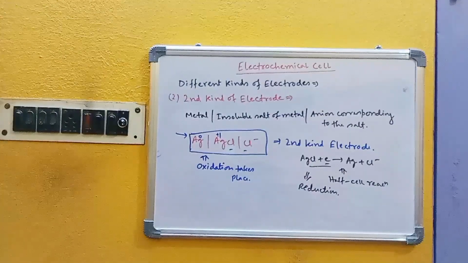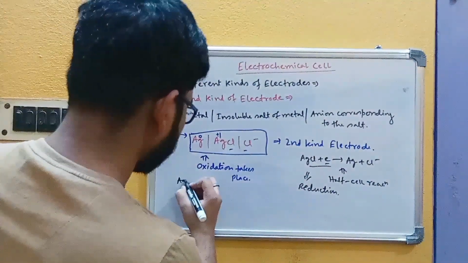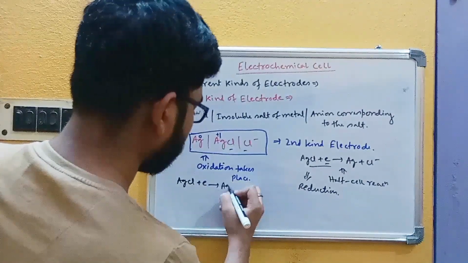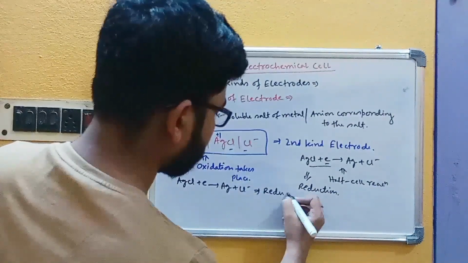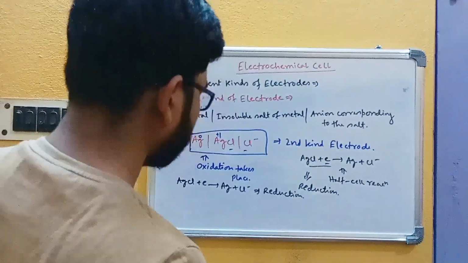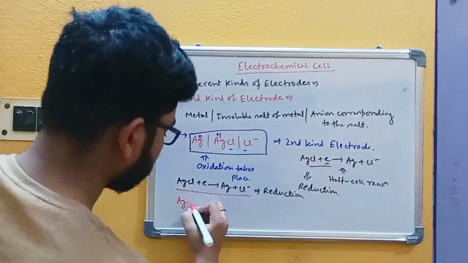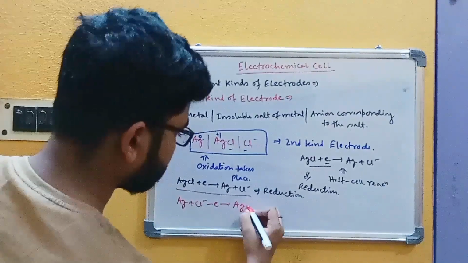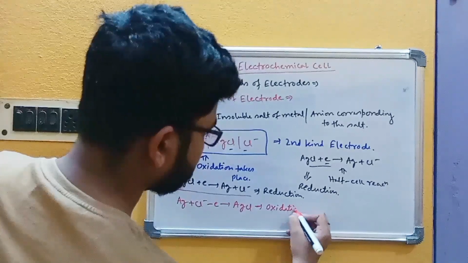How can we write that? We write the reaction over here. This is reduction. Simply reverse the whole reaction, that is Ag plus Cl minus minus electron gives AgCl, that is oxidation.